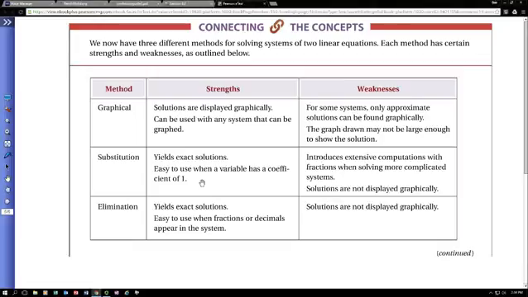This is where I see a lot of student errors: you get a scenario where the 2 lines are laying over the top of each other. They use elimination or substitution, and you end up with something like 2 equals 2. The variables are gone and you're going, now what? Well, if you end up with a true statement with constants, they call it an identity situation.